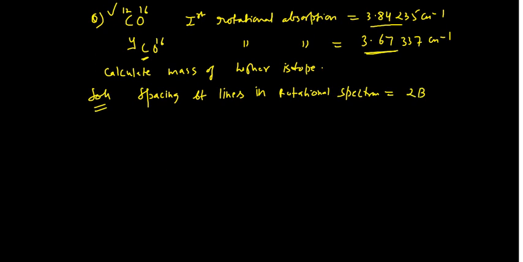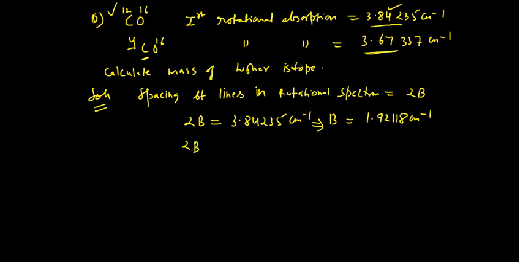That means 2b for this one, say for the first one you are calculating, it is 3.84235 centimeter inverse, and from here you are having the value of b, and that b would be 1.92118 centimeter inverse.